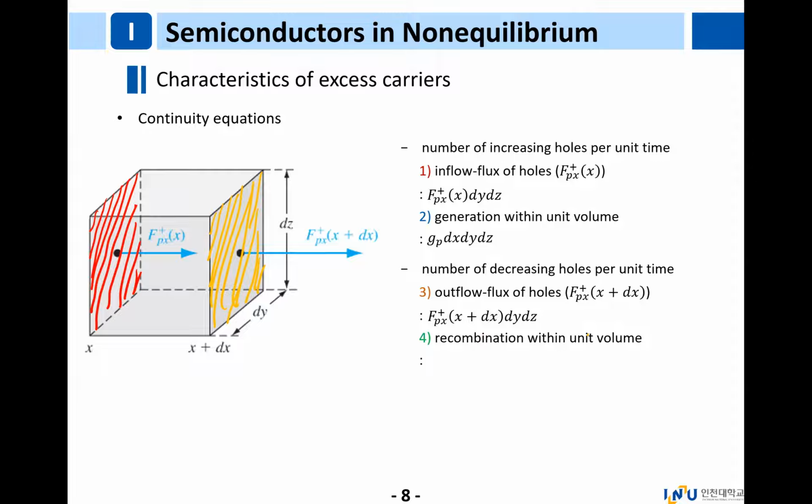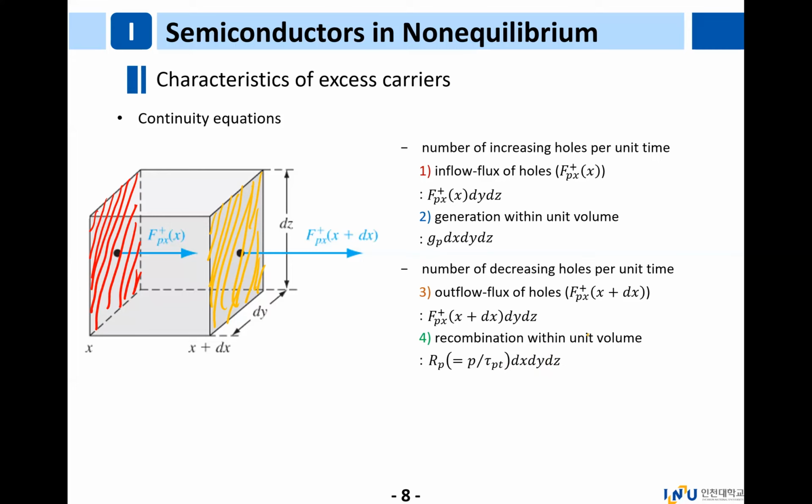And additionally, considering the recombination of holes, the number of holes disappearing per unit time within the unit volume due to recombination is expressed as the recombination rate, which is the current hole concentration divided by lifetime, times the unit volume dx dy dz.